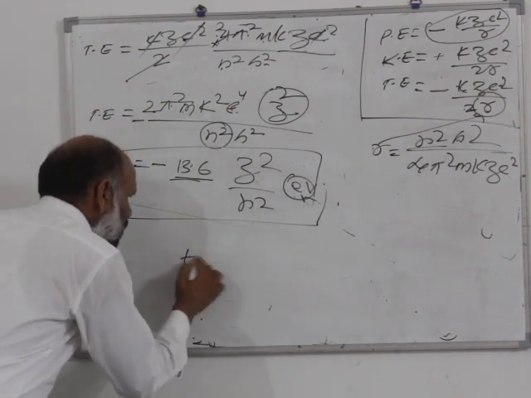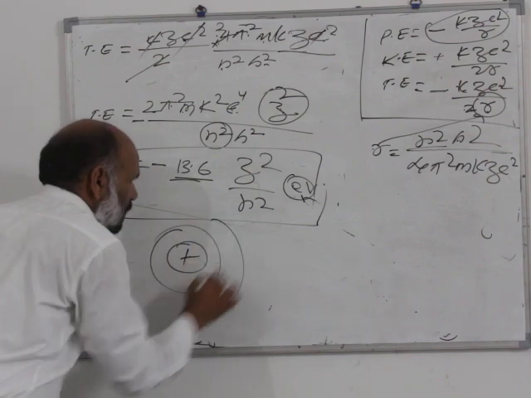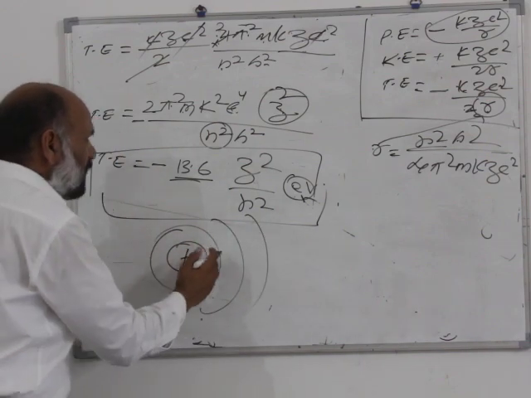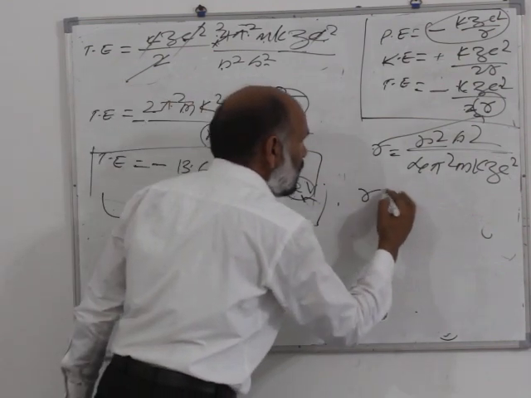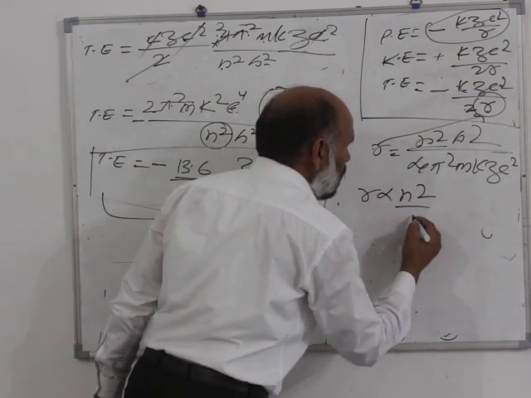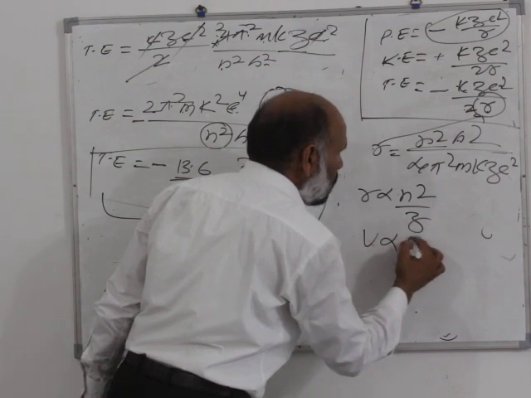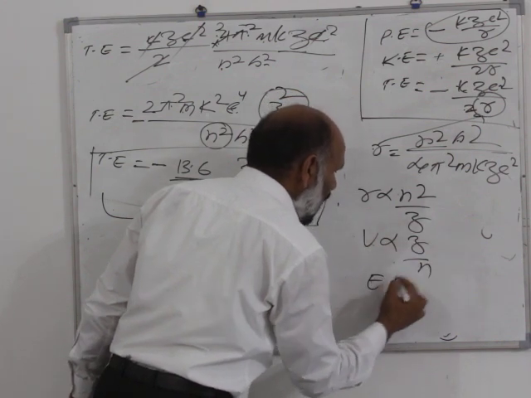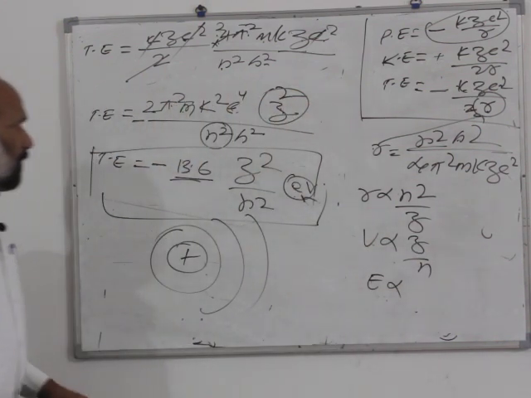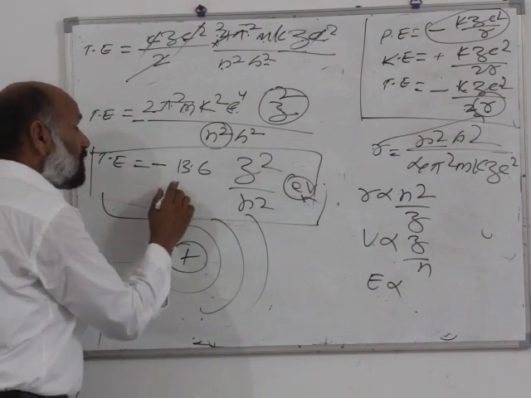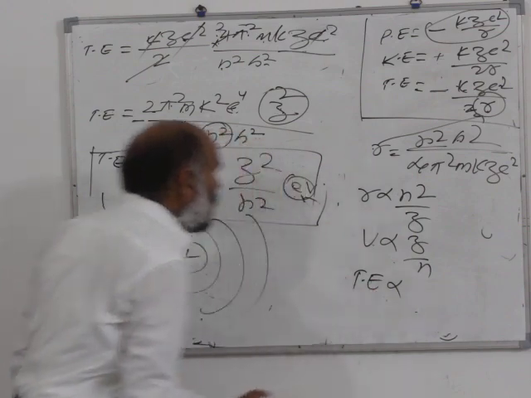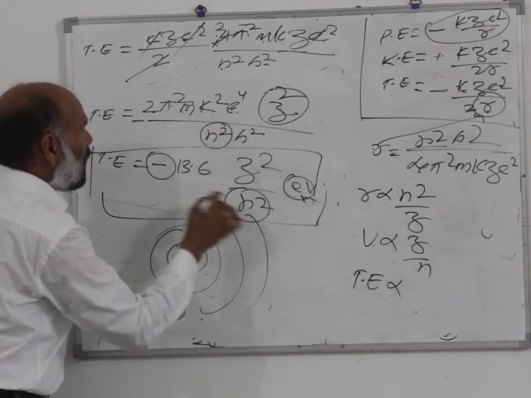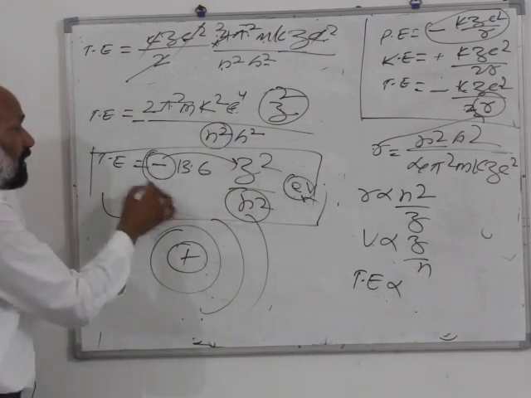Next one. Okay, let us revise this. Radius increases, velocity decreases, and energy, what happens? Radius is directly proportional to n square by z. Velocity is directly proportional to z by n. Now energy is, here you are made puzzled. Here it is negative, so total energy is directly proportional to n square and not the z square because of this sign.